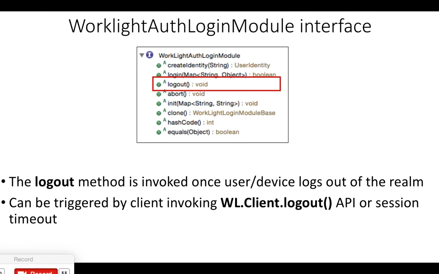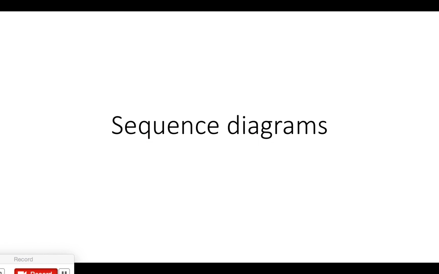The logout method will be invoked once a user or device or any other user of that realm logs out of the realm. It can be triggered by the client, for example, when the client invokes the WL client logout API, or when the session times out. So that's where you can do some cleanup or some additional reporting, anything you want to. Now, prior to diving into the code, I want us to look at some sequence diagrams.